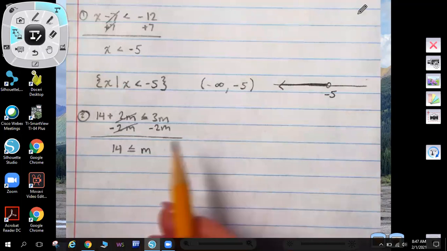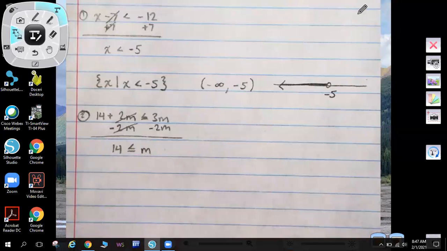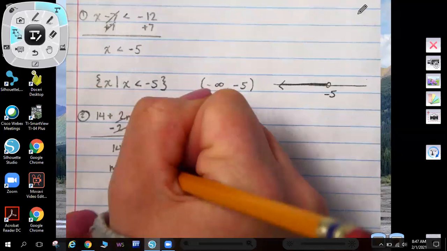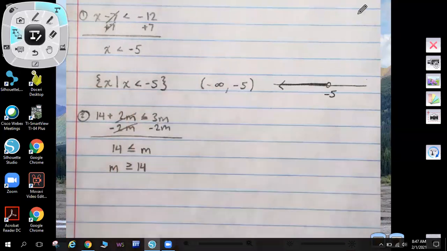When you do that, make sure that the symbol stays oriented the way it is. Right now, if you think about when you learned inequalities, you probably talked about an alligator's mouth. Right now, the alligator mouth is open towards the m. So when we rewrite this, it still has to be open towards the m. So I need to flip my sign. m is greater than or equal to 14.